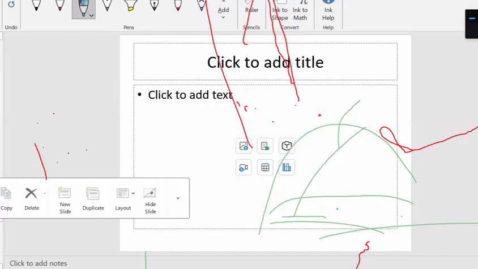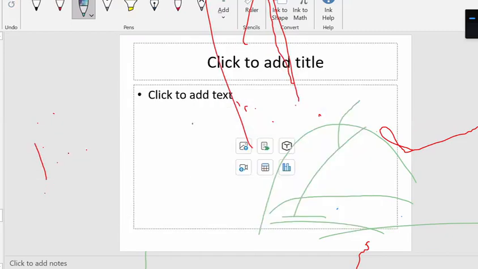Na hii mistari yangu hapa. Okay, fine. Sasa what we can do, tujaribu kufanya for example, you may create a table, sawa?